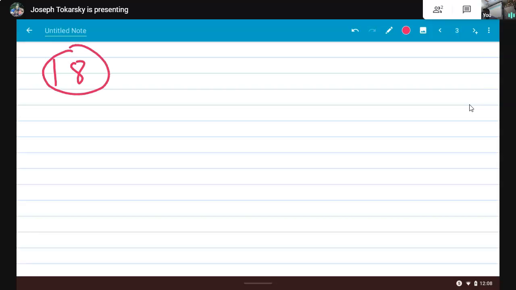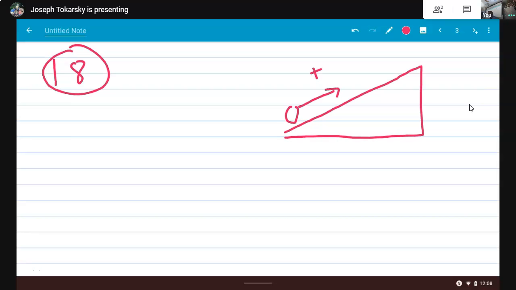In number 18, it says a golf ball rolls up a hill towards a miniature golf hole. Assume that the direction towards the hole is positive. Our one example yesterday was something rolling up, right? If we're told one direction's positive, we have to stick with that. So going up is the positive direction.